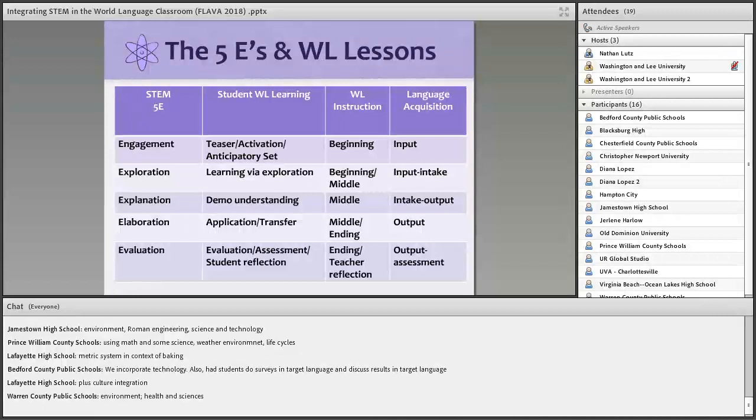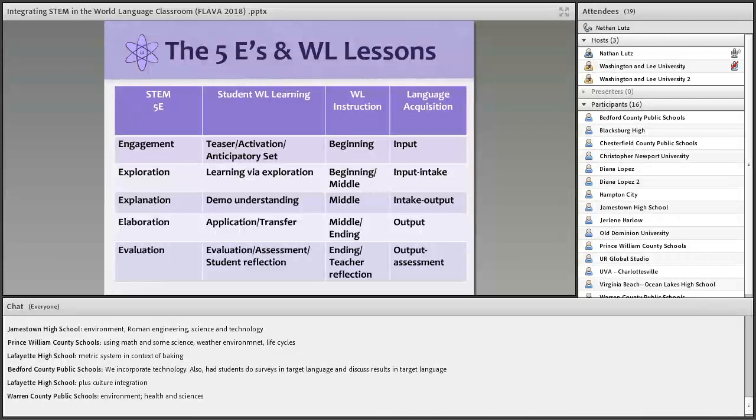And then the last has to deal with language acquisition. So you'll see that the first phase of engagement, that could apply to a teaser or an activation or anticipatory set, something that you do in the beginning of the lesson to engage your students. This is beginning instruction. This would be pure input from the teacher.